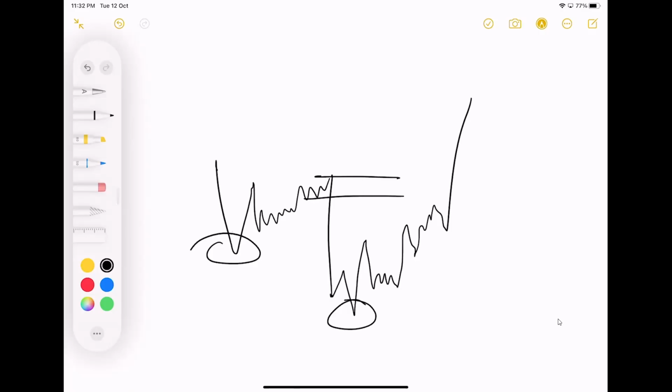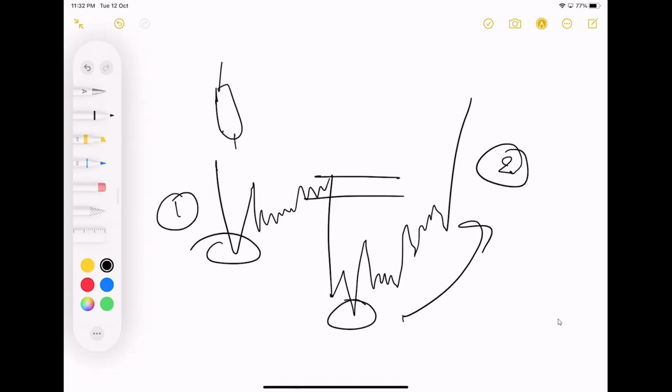So on the higher time frame, or from a bar chart perspective, this one here is number one, and this entire thing is number two. From a bar chart perspective, it's going to look like this. We're going to have a down move here, and several other moves inside here.